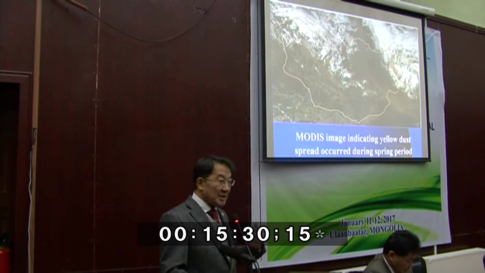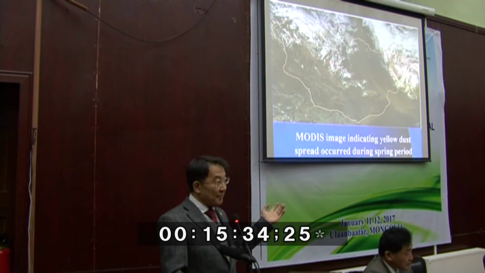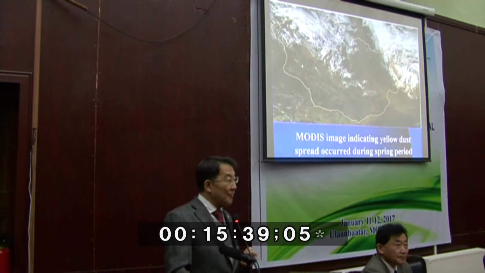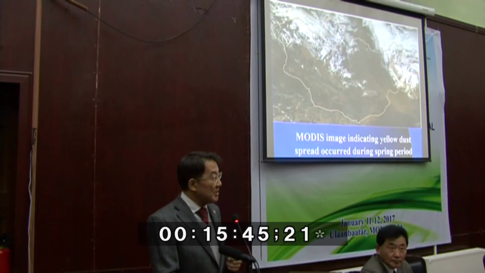In such a way, at the regional level, we can use high resolution satellite images along with GPS and GIS datasets for efficient environmental monitoring and management.